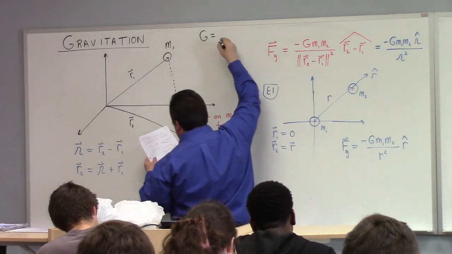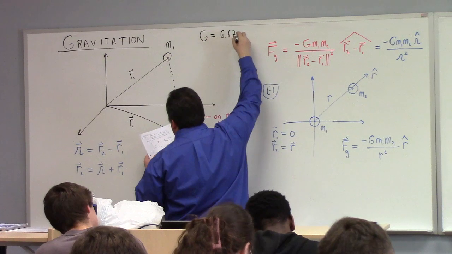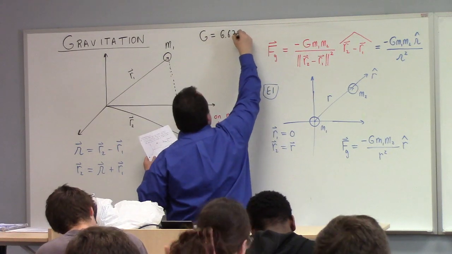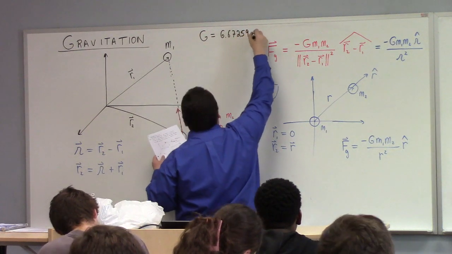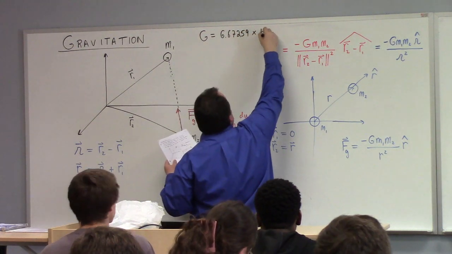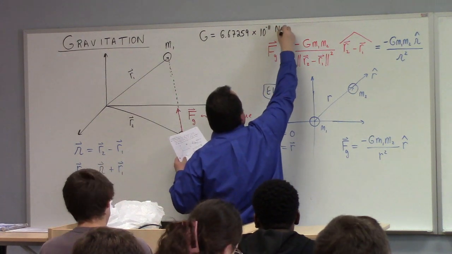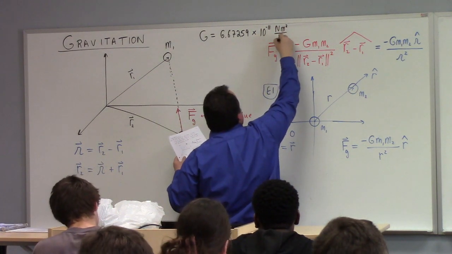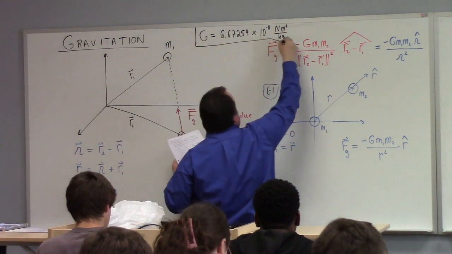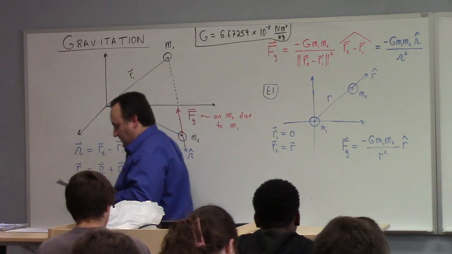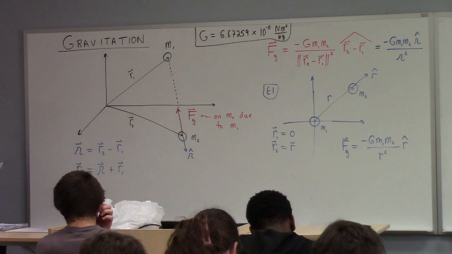Big G is equal to 6.67259 times 10 to the minus 11 Newton meters squared per kilogram squared. So this is the universal gravitational constant. It is not the little g, which is of course 9.8 or 9.81, depending on how you want to think about it.